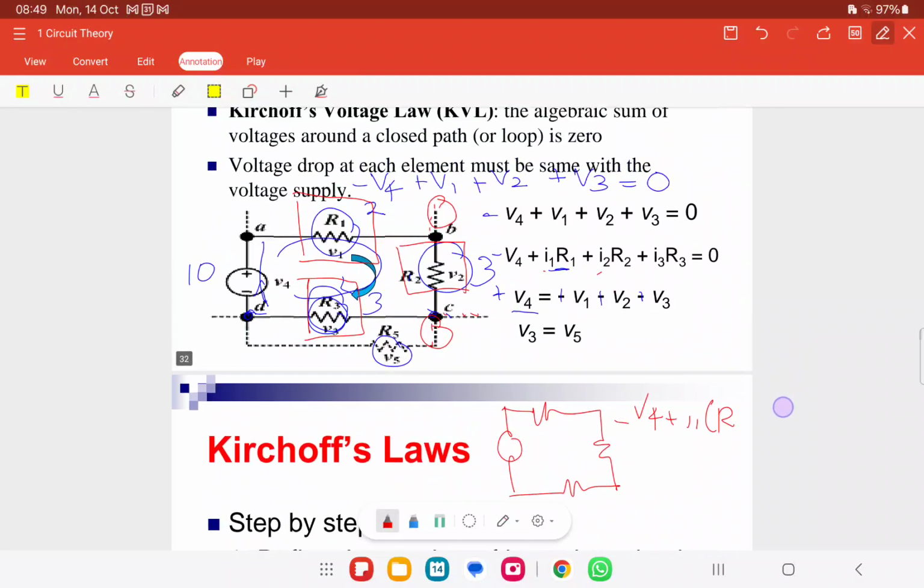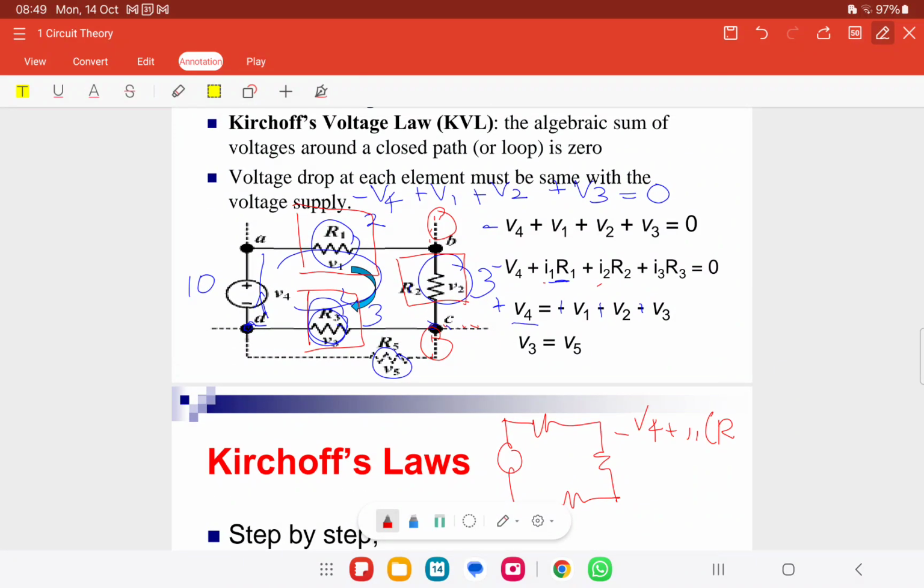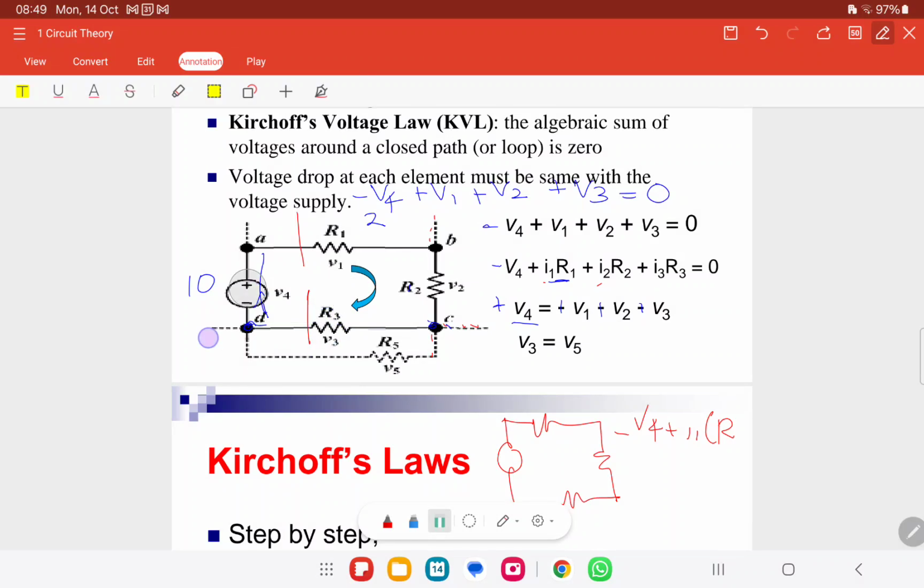Ya, V4 tu kena tambah V1, V2, V3. Yes, tambah tu dah jadi V4. Yes. The voltage in the circuit, mana saya punya ni? Kena 3, 2 tu salah. Betul. Direction dia tu terbalik. Betul kan dekat dalam note? When you do the KVL, this is first equation dia.